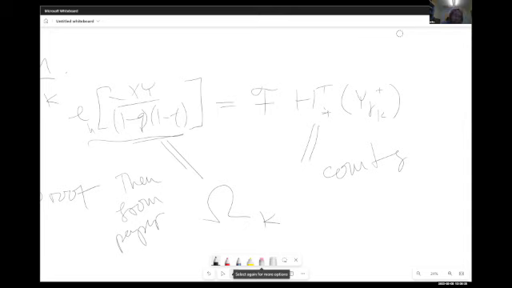The equality is verified by showing that the expression on the right-hand side of the main theorem is in fact the same thing you get if you count Schubert varieties in Y of gamma K.